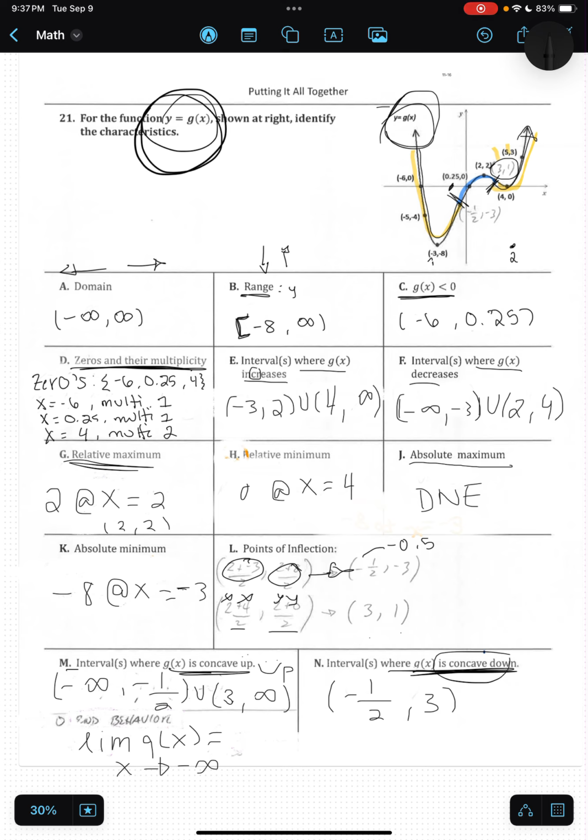So as it goes to the left, it's going up in the positive direction. So positive infinity. And then as for the limit of g of x again, for the right side, we are going up again, so positive infinity. And don't forget, as x approaches positive infinity.